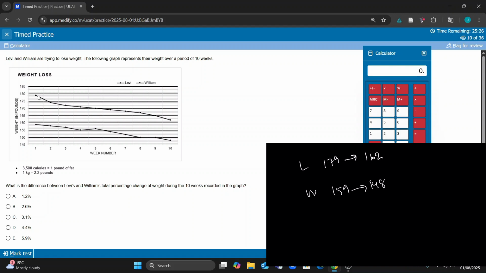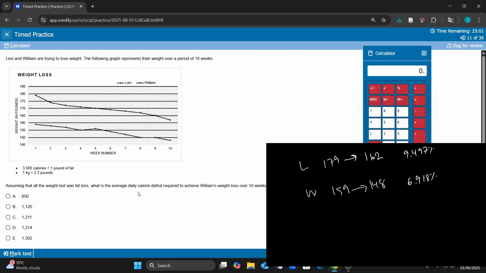Okay, so what's the difference between their total percentage change of weight? That means Levi loses 17 divided by 179, which is 9.497%. The other person loses 11 divided by 159, which is 6.918%. So 9.497 minus 6.918 is 2.579, so I'm going to go with this one.